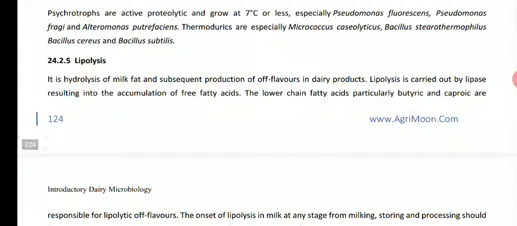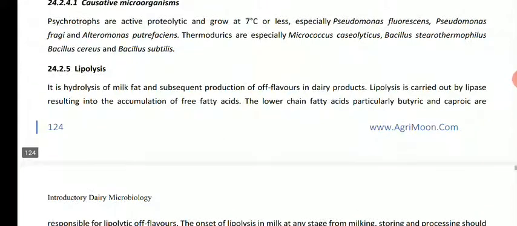So lipolysis, that is breakdown of fat, is carried out by an enzyme called lipase. This lipase acts on fats and lipids and causes their breakdown, and the free fatty acids get released, and this accumulation of free fatty acids causes off flavors.